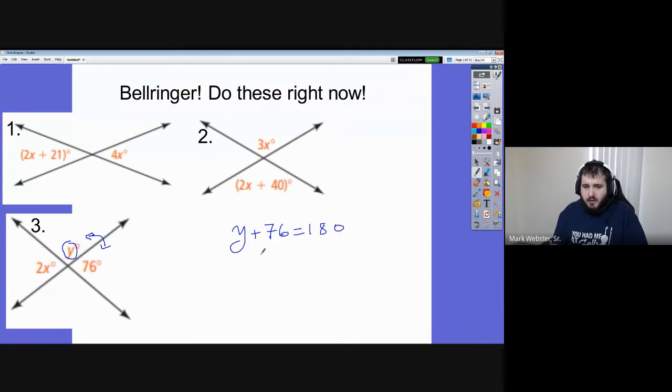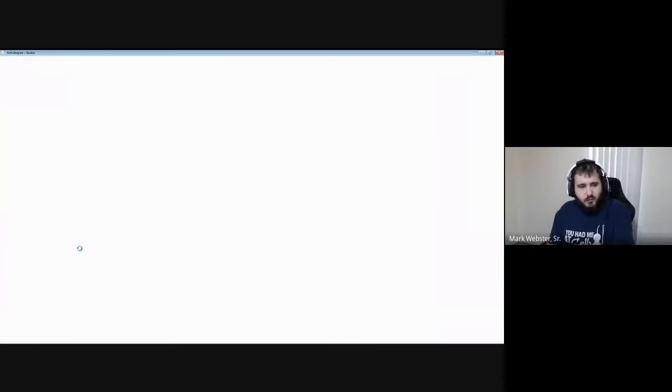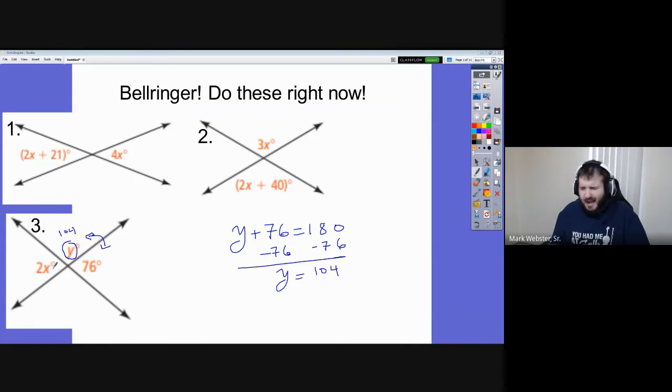Well, let me subtract. Isn't this 104? So y is 104. And then if I want to find x, I have a bunch of options, but I think the easiest option is just to do the vertical angle one, set these two equal to each other, and then just solve for x. Right, 38.